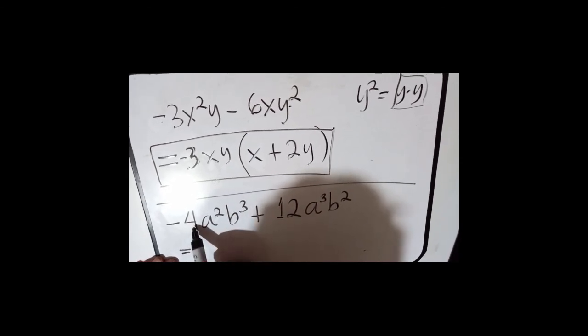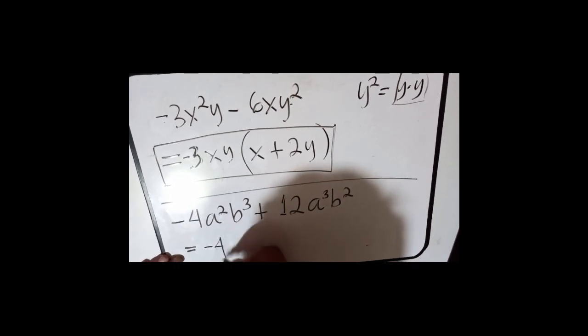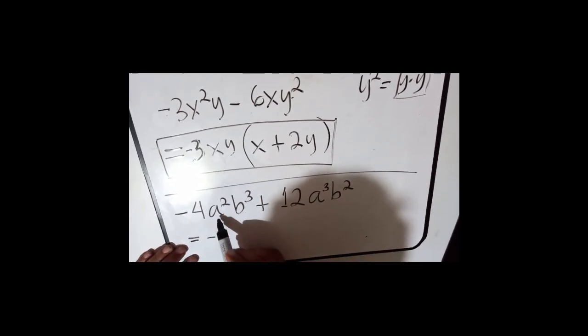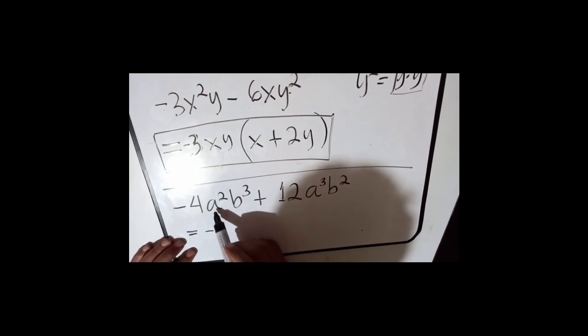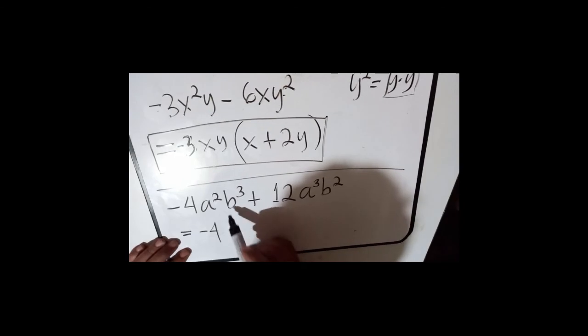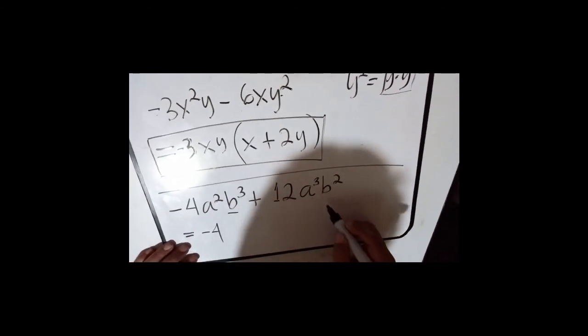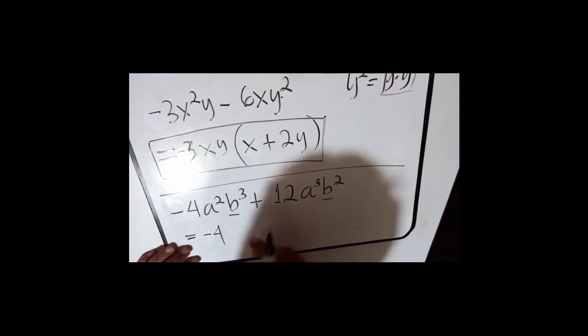We know that 4 is a factor of 12, so we can use 4. So let's write here negative 4. Then both terms have this a, and both terms also have this letter b.